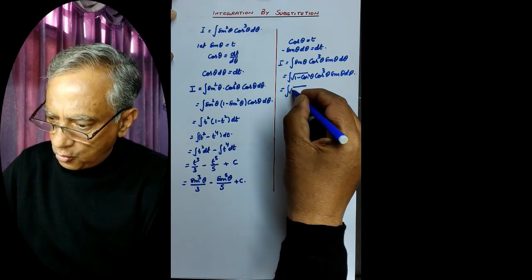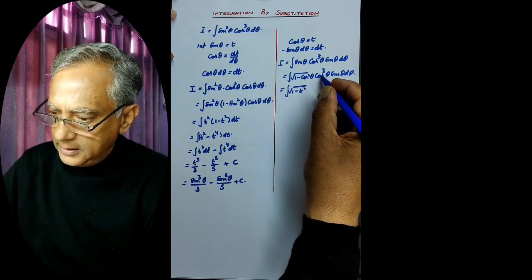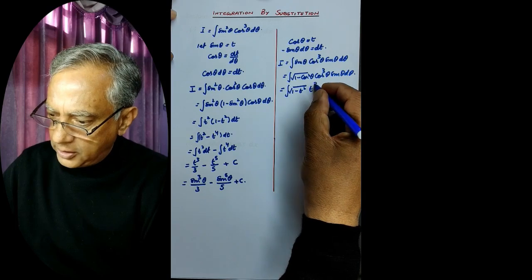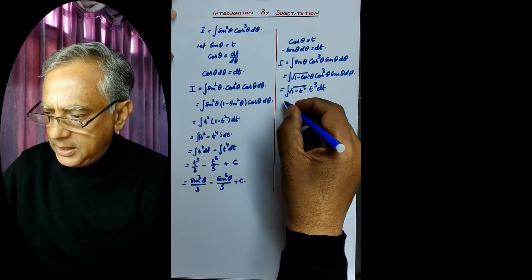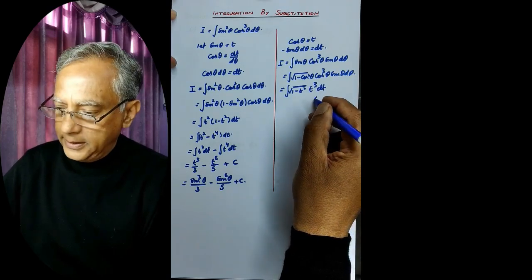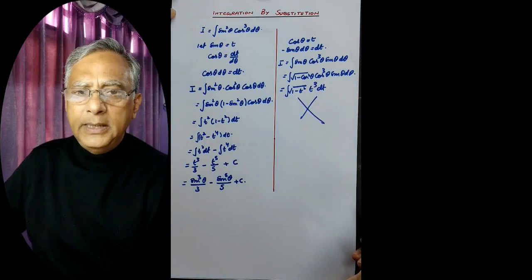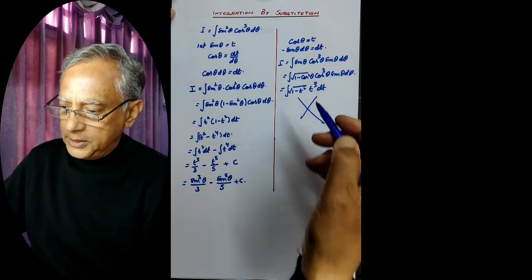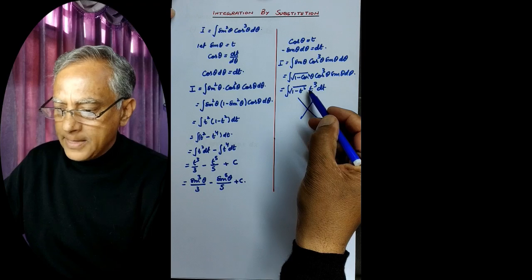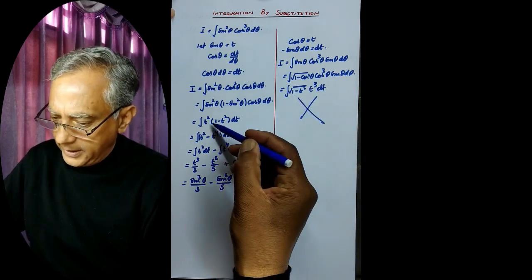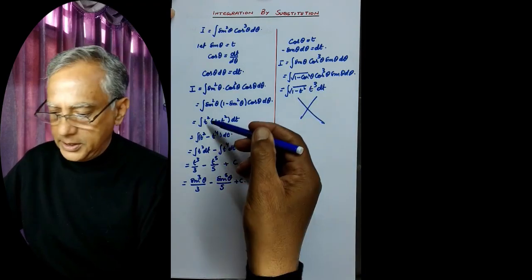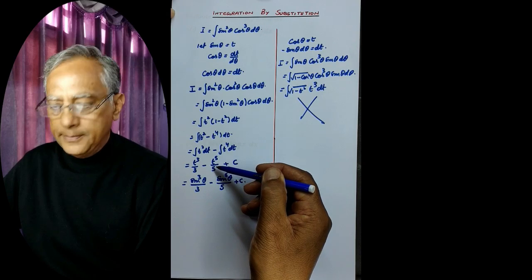This will be under root 1 minus t square into t cube into dt, which is very complicated, and therefore this substitution will not work. It is not simplifying the question like the earlier substitution.